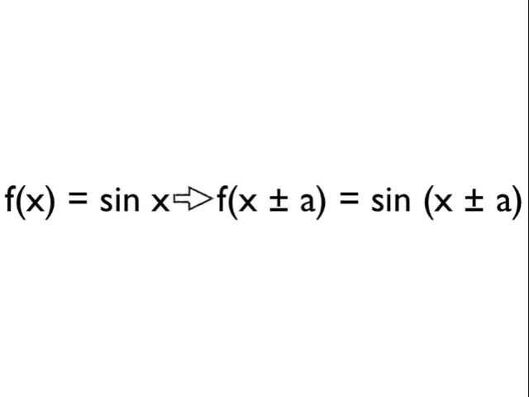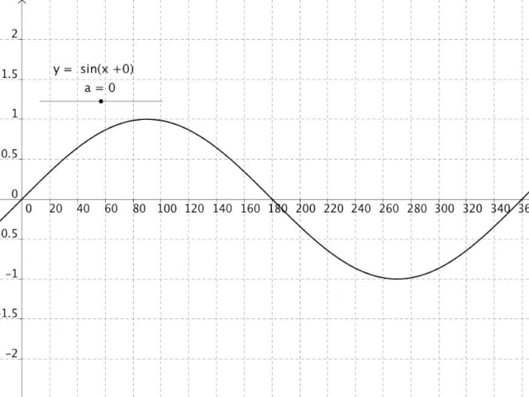Let's have a look now at the effect of this graph transformation on the original function of x, which is sine x. Here is the function y equals sine of open bracket x plus 0 close bracket, or at this stage obviously just y equals sine x. Similarly to before, I've got the equation shown here and another slider that allows me to change the value of a.